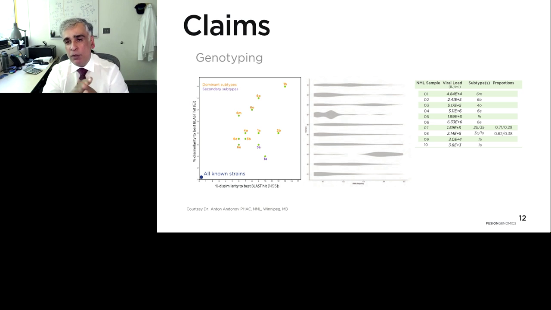Now we'll go into some of the data, which is more human-centric. Here are some hepatitis C patients, and these are very unusual patients. These were among the hardest to diagnose patients that you can ever find from a genotyping perspective.